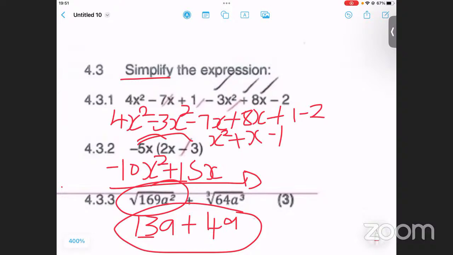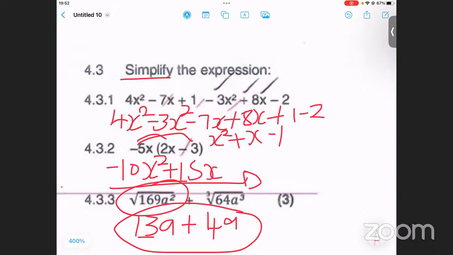Okay, Nyaki, what's your answer, or how did you do this? Ma'am, I got the same answer as Busisi. How did you get to this answer?